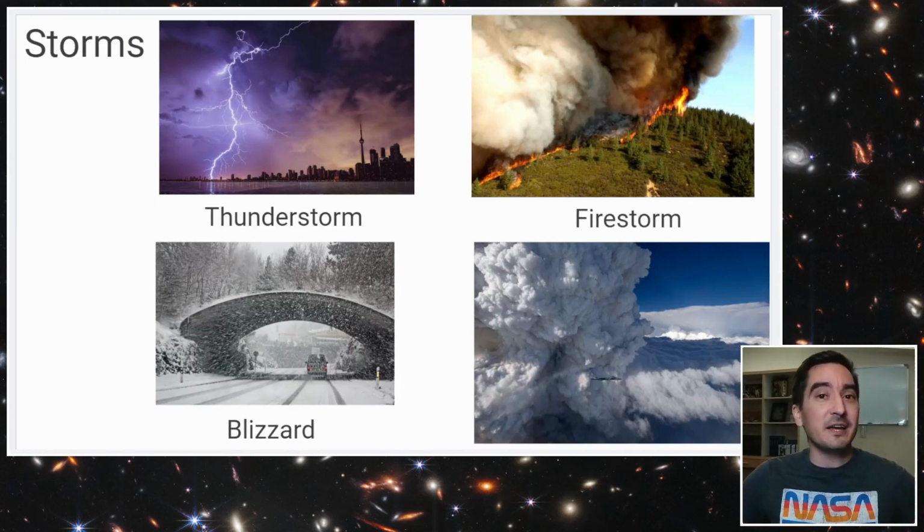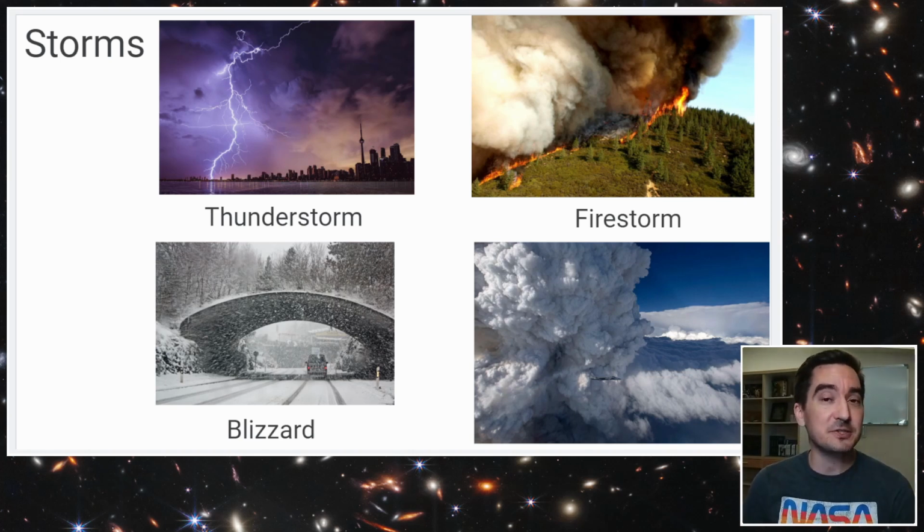Then we have different kinds of storms. These pressure systems and fronts and these heat waves and cold snaps can cause different kinds of storms. And so some of these you might already know, but one of them maybe not. So a thunderstorm is one kind of storm. Well, every storm brings clouds and rain and wind and lots of weather, right?